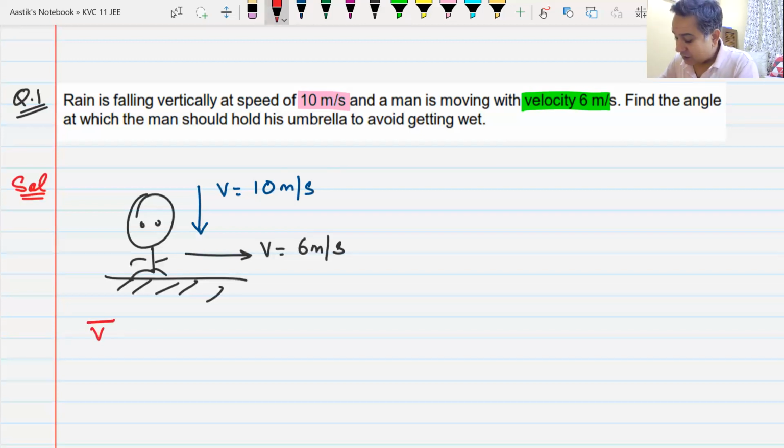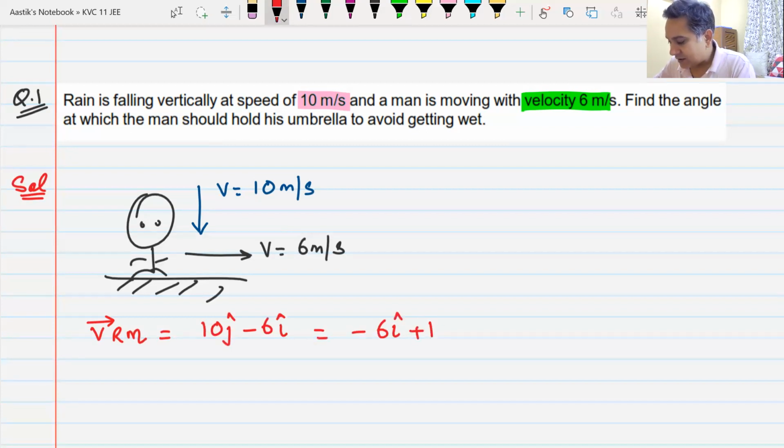First of all, I can find out the velocity of rain with respect to man. So it will be 10j minus 6i. Yes or no? Velocity of rain minus velocity of man. 10j minus 6i. I can write it as minus 6i plus 10j. This is better to write. Now I have to find the angle it makes with the vertical, tan theta with the vertical.